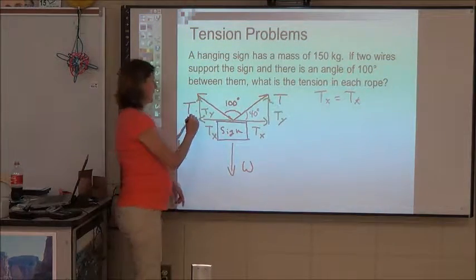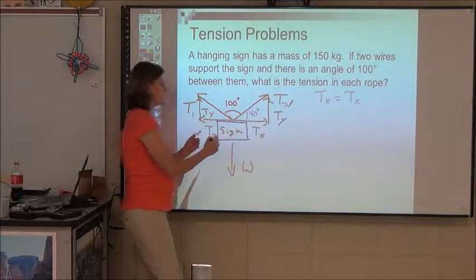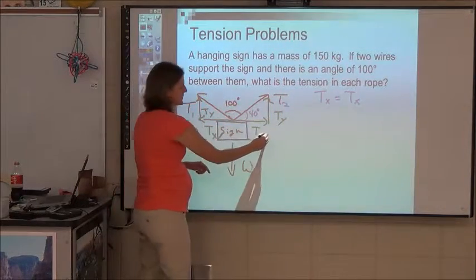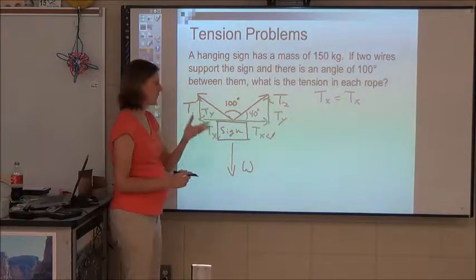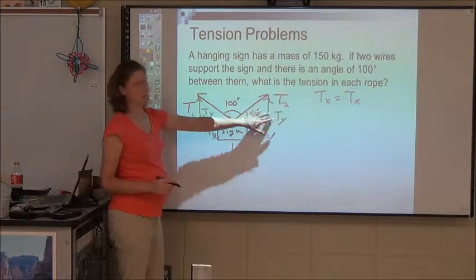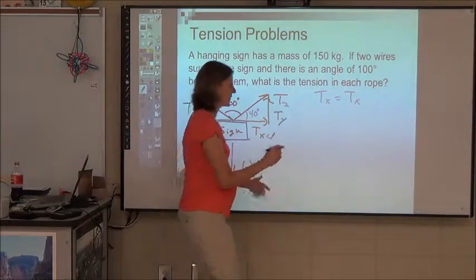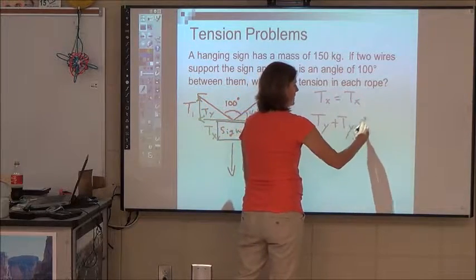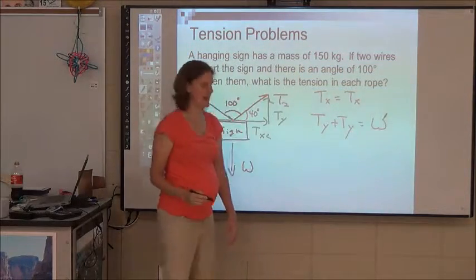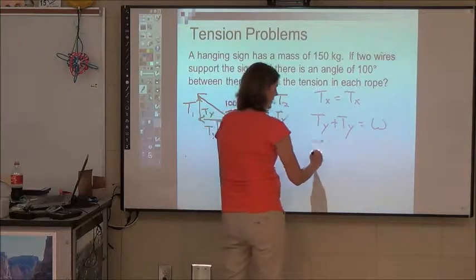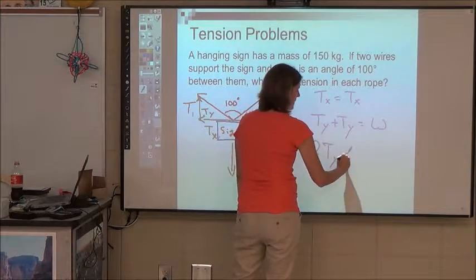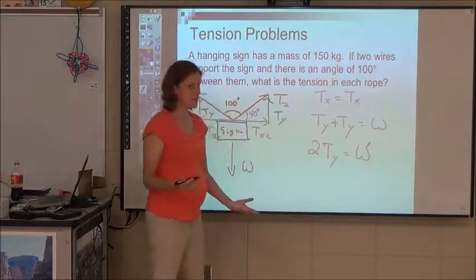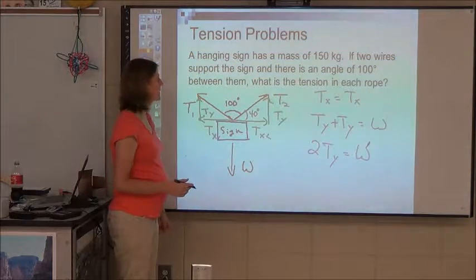And I could have called this tension 1, tension 2, and said, Tx1 equals Tx2, either way. Or I've got Ty plus Ty, both going up, equals weight down. Or 2 Ty's equal the weight going down.